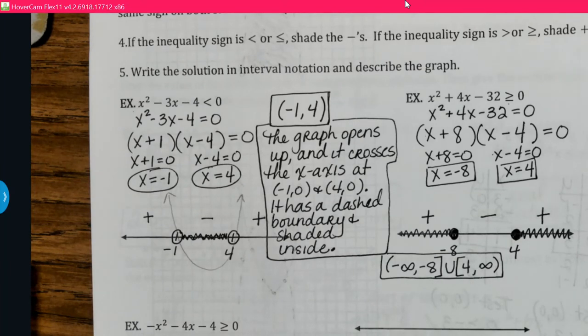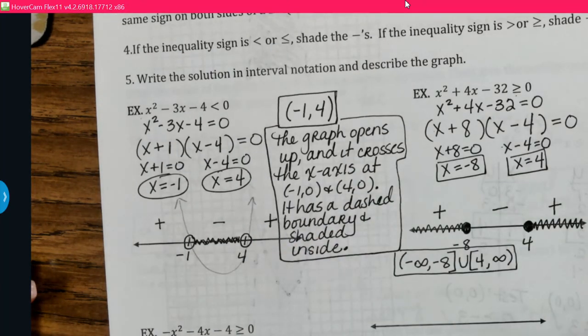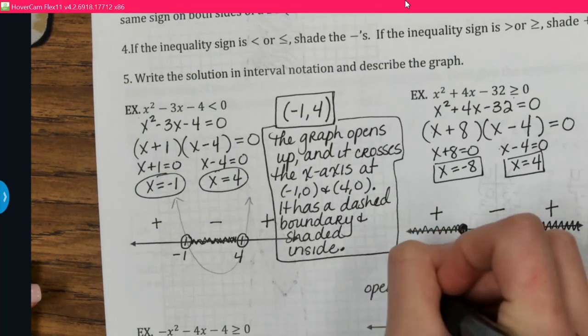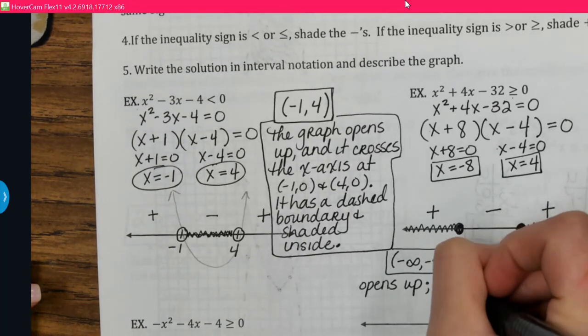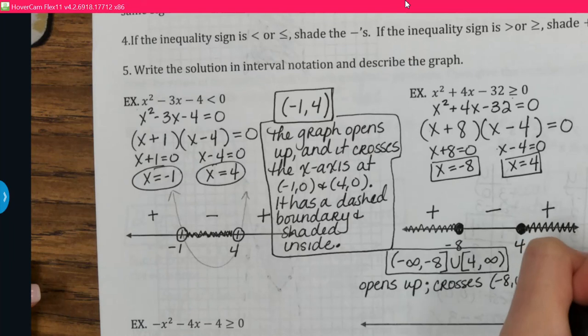Then we're going to describe it. I don't have enough space for all of that, so I'm going to put shorthand. Where does it open? Okay. Crosses where? Okay.